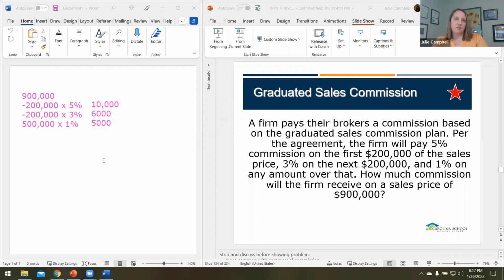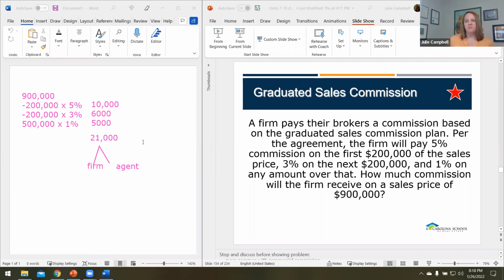The next 200, you pay 6, and after that, you pay 5. Add it all up: $21,000. The firm will receive $21,000. And from there, the firm will split it between the firm and the agent. So is it a 70-30 split or an 80-20 split, whatever that compensation plan looks like.